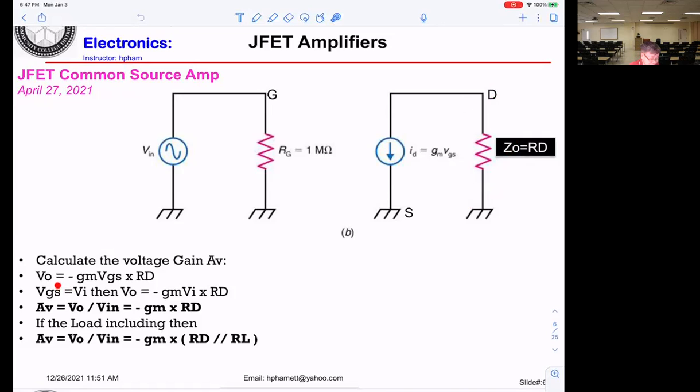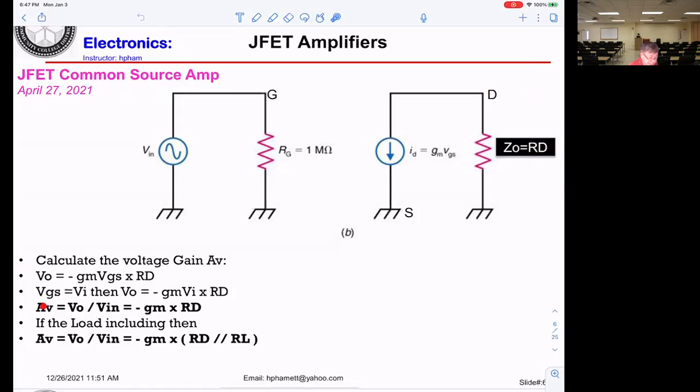So the V out will be GM times VGS. That means the current right here, times the current in this one, output impedance equal RD only. If you get a load resistance here, then you have to combine the load resistance and RD to get the output impedance.